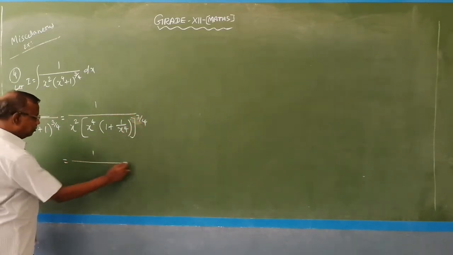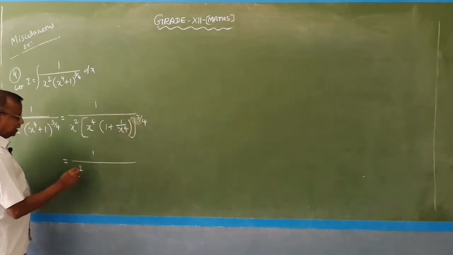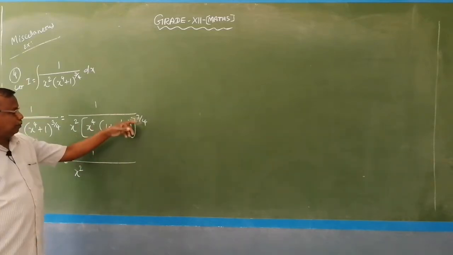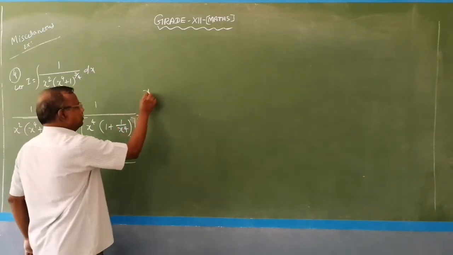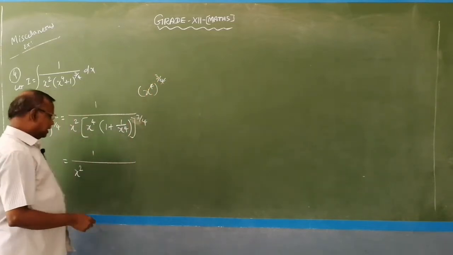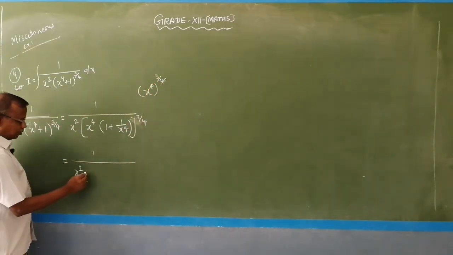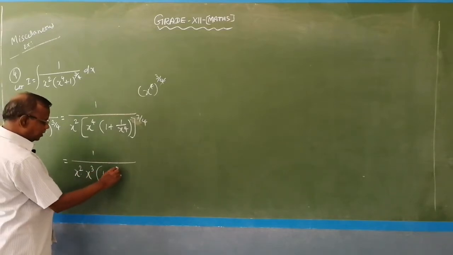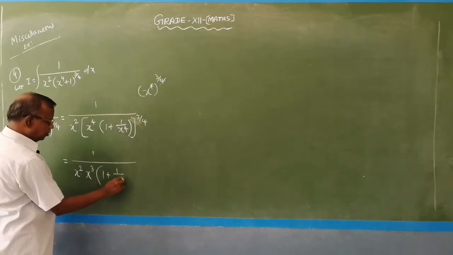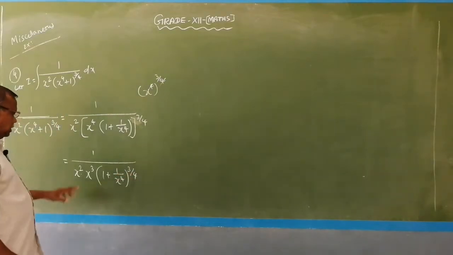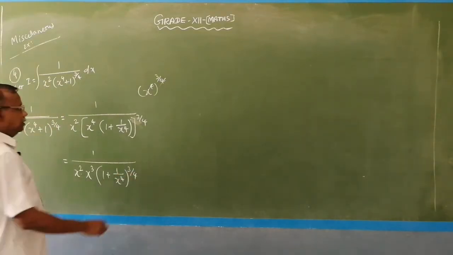This is 1 by x square into, now look at this part, x power 4 whole power 3 by 4, the 4 cancels, that is x cube. So this is x square into x cube and into 1 plus 1 by x power 4 whole power 3 by 4. This is x power 5.